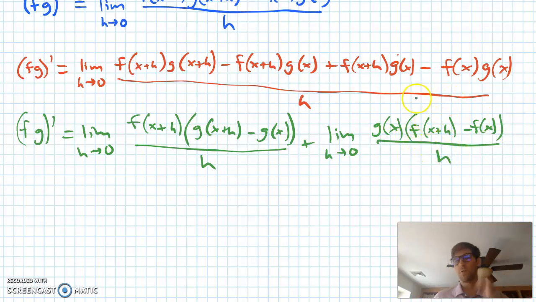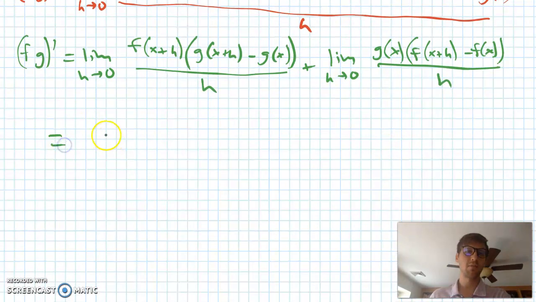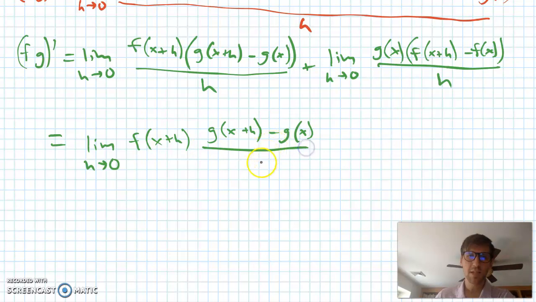And then, rather than writing those in the numerator, I could instead write those just as a coefficient of the entire rational expression there. So f of x plus h, multiplied by this whole thing. The reason I'm doing this step is that now you may notice g of x plus h minus g of x over h.